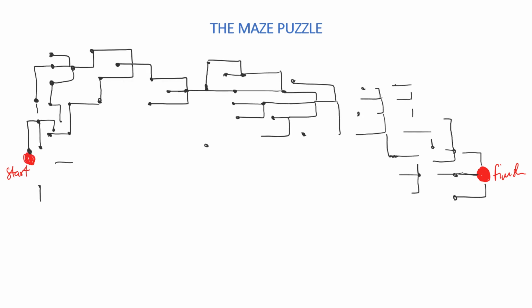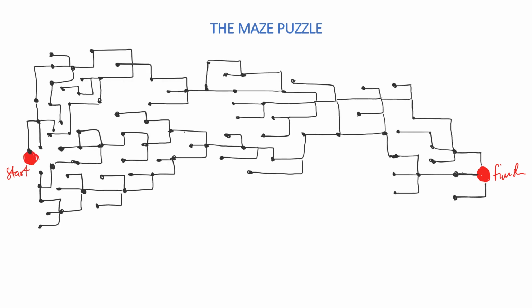And finally, the maze puzzle. So depth first search is actually used for this, where the maze is a graph. The objective is obviously to go from the start to the finish. If we do recursion, we start at the finish line and we go back.